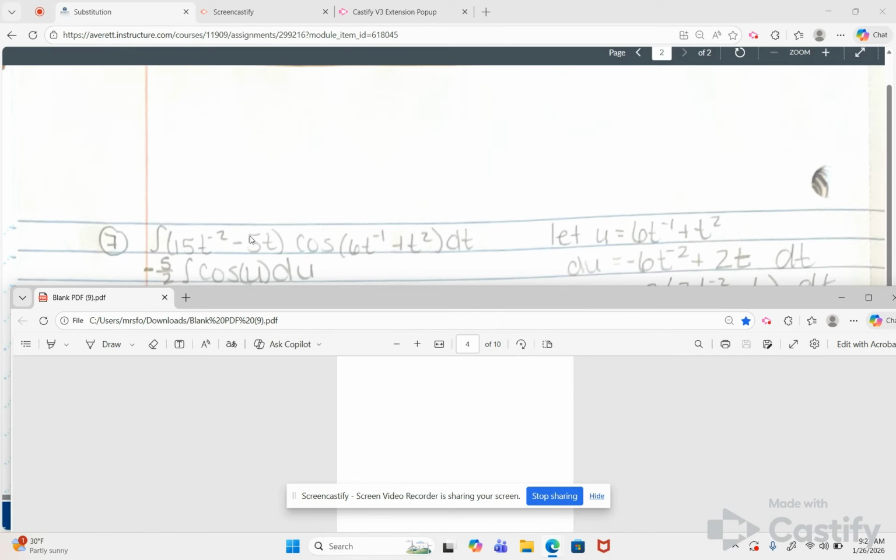What can I multiply the 2 by to get the negative 5? So, 2 times negative 5 halves.